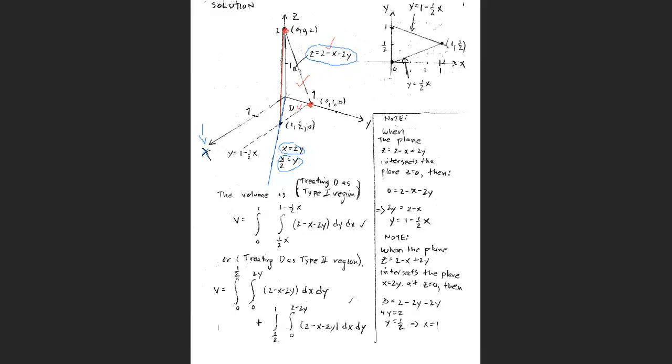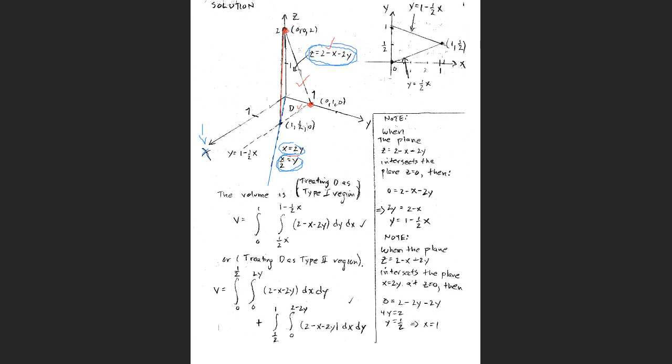Now, what is the intersection of the plane x equals 2y, or I'm going to call it, if you don't mind, y equals x over 2, and the plane z equals 2 minus x minus 2y?